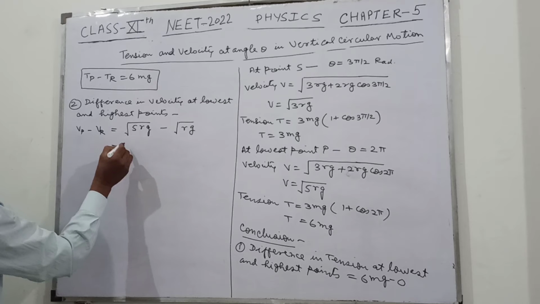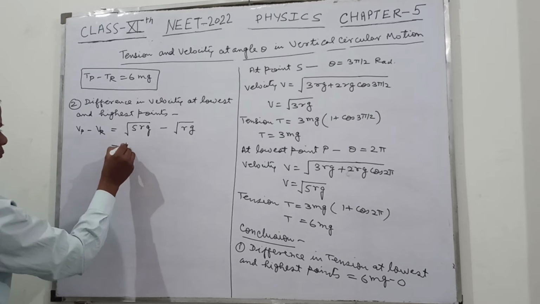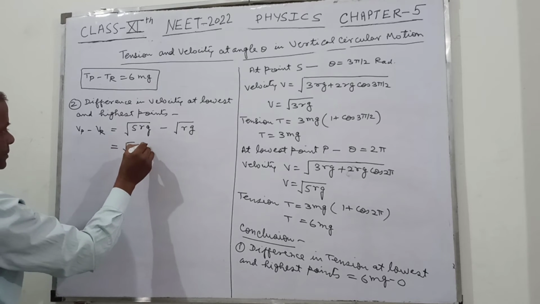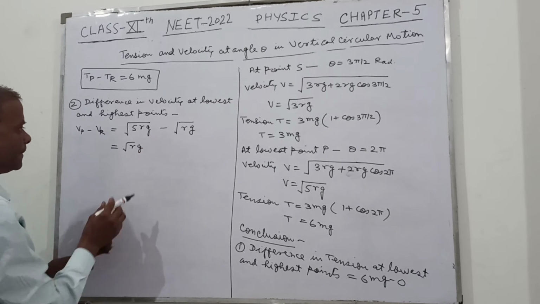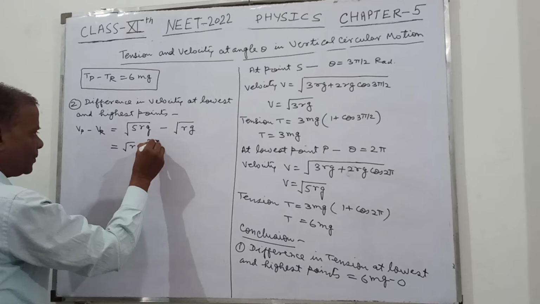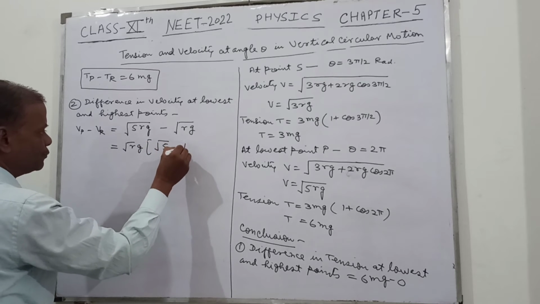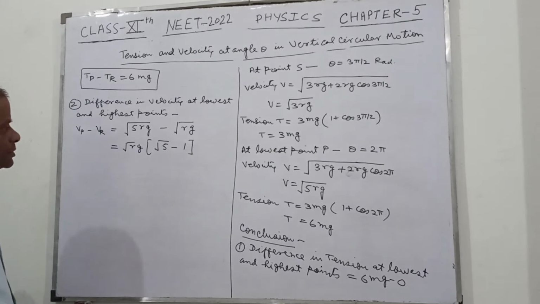So this is equal to square root of Rg into square root of 5 minus 1. If you put the value of square root of 5, then this comes out to be 2.236.